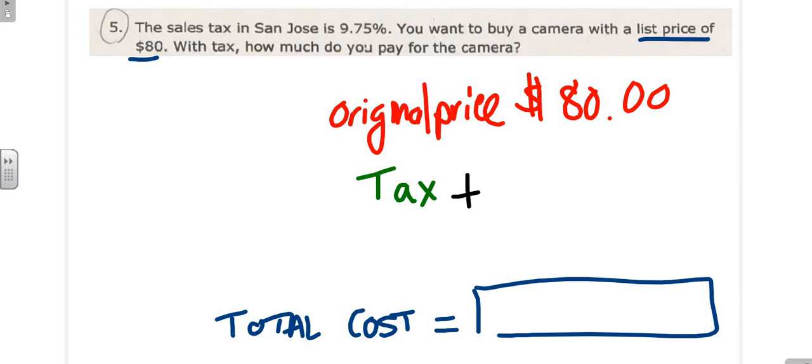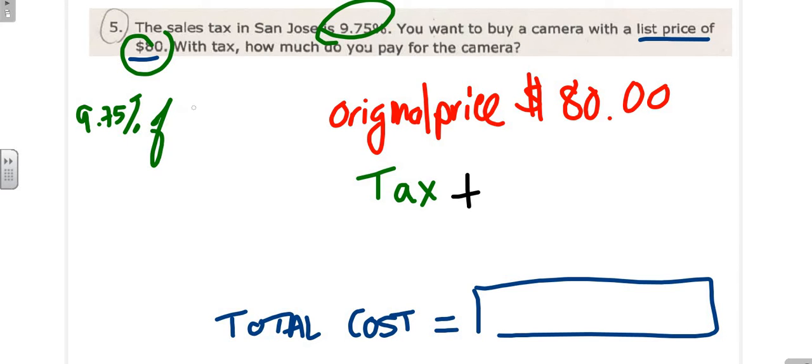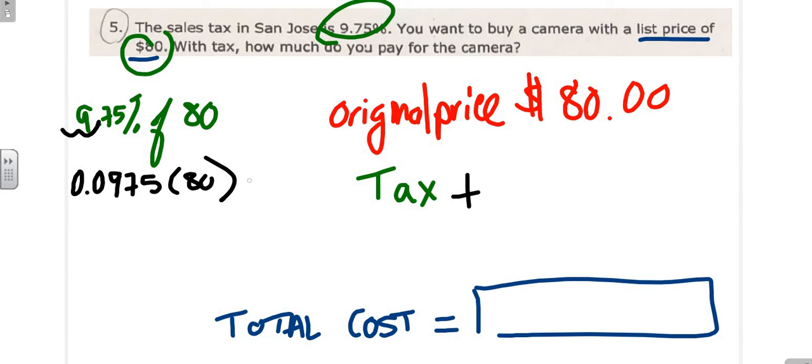Now to do tax, it's 9.75% of 80. 9.75% of $80. I'm going to change this to a decimal. We go over twice. 0.0975 times 80.